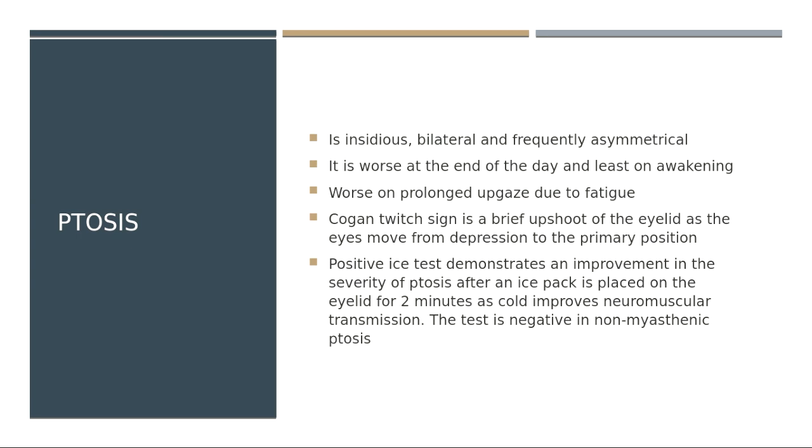And you've heard about the Cogan twitch sign, a brief upshoot of the eyelid as the eyes move from depression to the primary position. And you've heard of the positive ice pack test, where there's an improvement in the severity of the ptosis after an ice pack is placed on the eye, as the cold improves neuromuscular transmission.